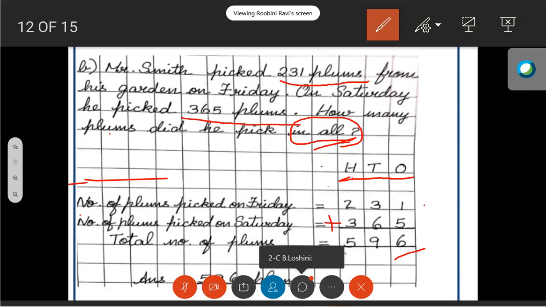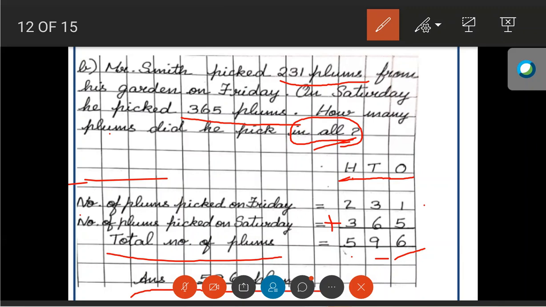Then 3 plus 6 is 9. And then 2 plus 3 is 5. So the total number of plums is equal to 5 hundreds, 9 tens, 6 ones, which is 596. Lastly, you have to write the answer is equal to 596 plums.